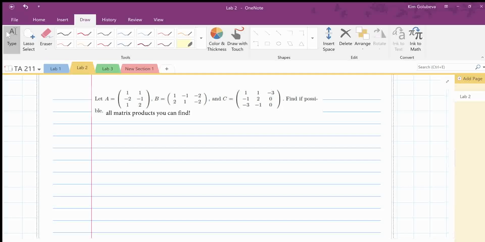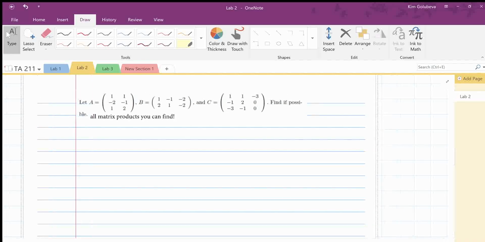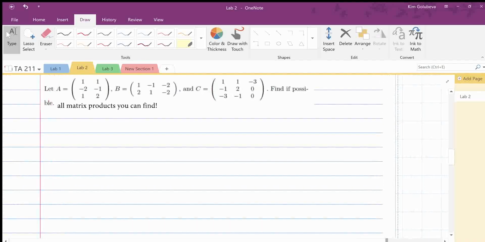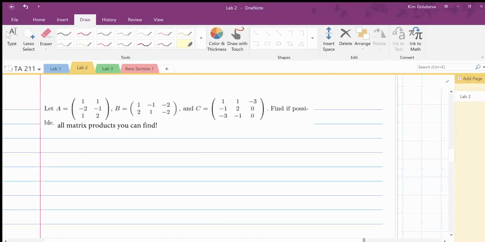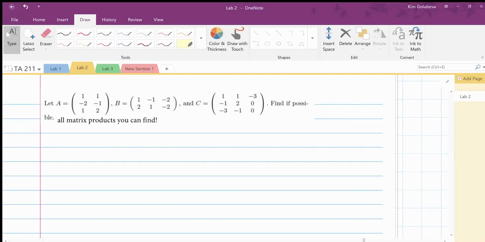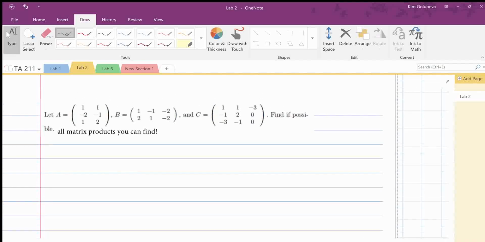So the second question here, we're trying to find all of the possible matrix products that we can find. So we're trying to find essentially which matrices can multiply together based on the dimensions that they have. Okay, so first thing that we should do is write out the dimensions of each of these.